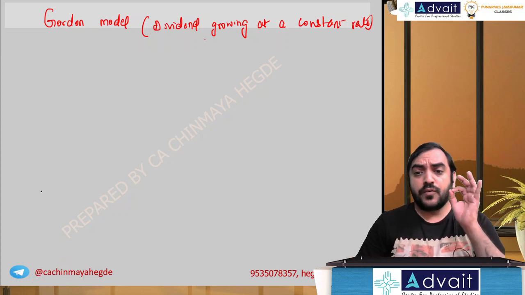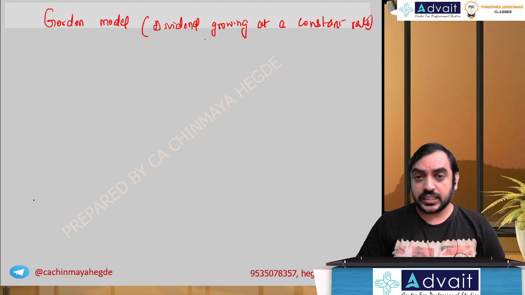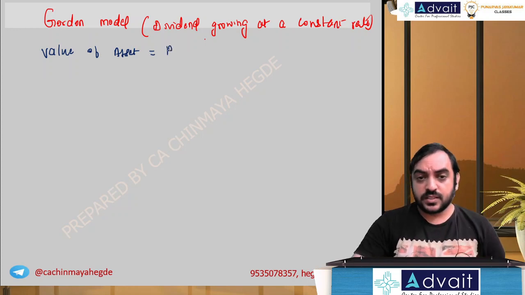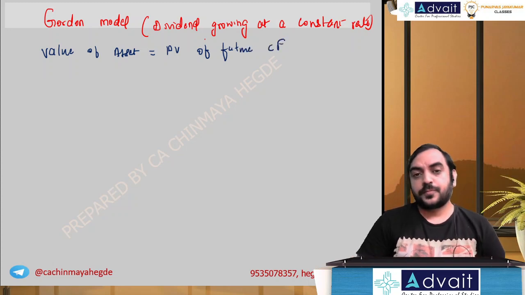Now, what is our basic definition of an asset? Present value of future cash flows, right? Basic definition of an asset: the value of any asset in financial management is the present value of future cash flows. Now it comes to the value of shares.